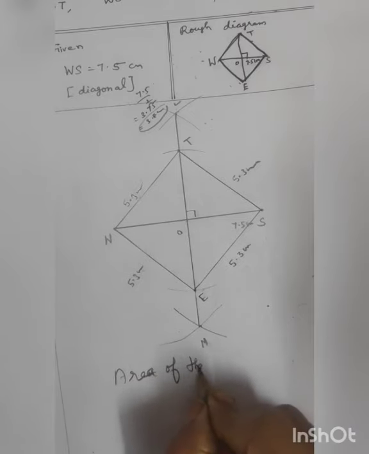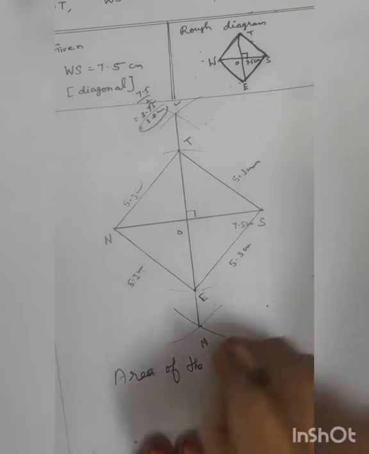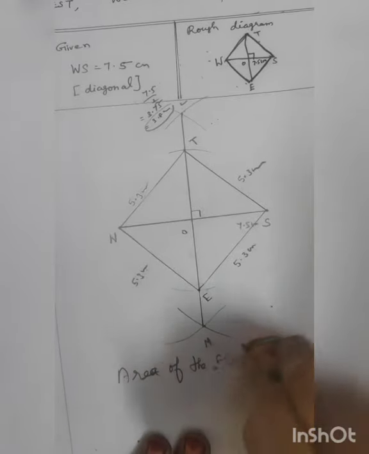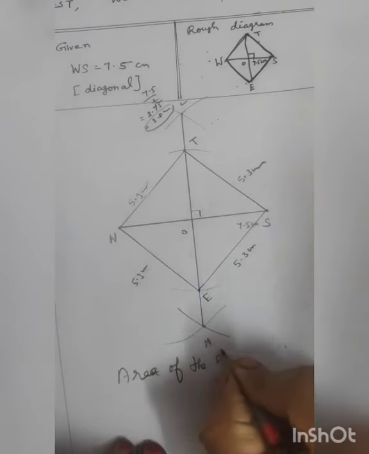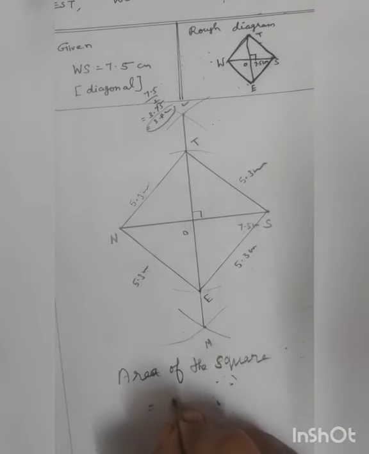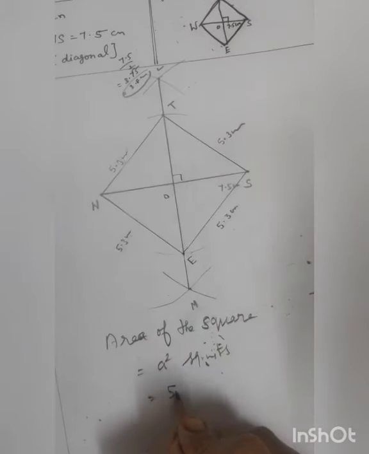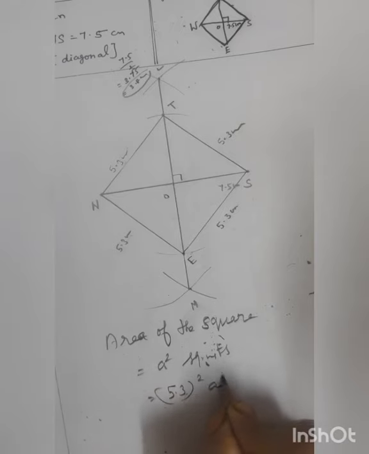Area of the square equals A squared square units, equals 5.3 whole squared centimeter squared.